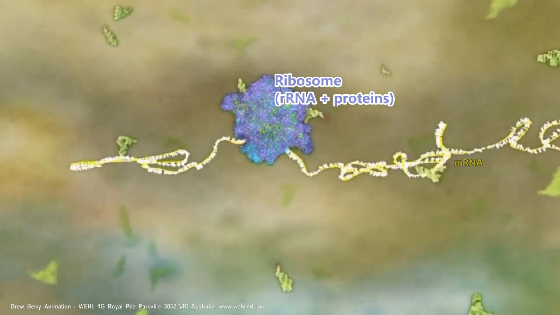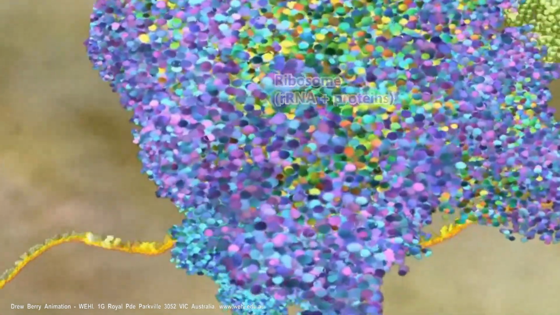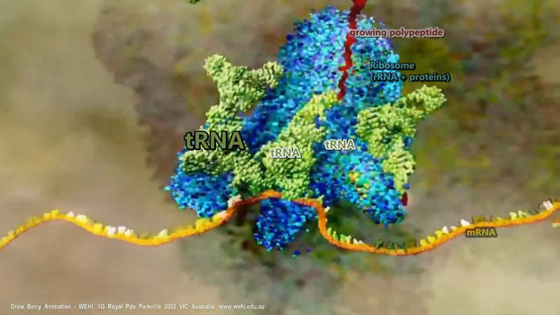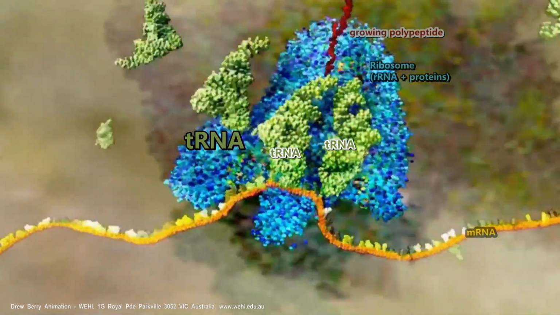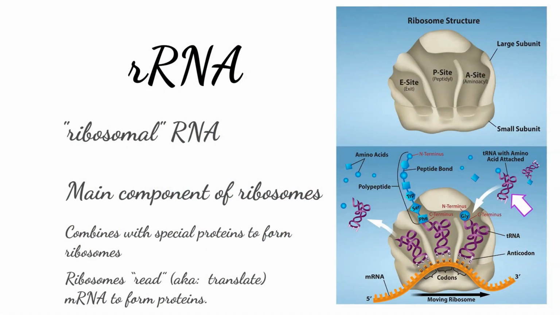And mRNA is then interpreted or translated into proteins with the help of transfer RNA, because the transfer RNA is what brings those amino acids to that ribosome one at a time to fulfill that role. Does that make sense?